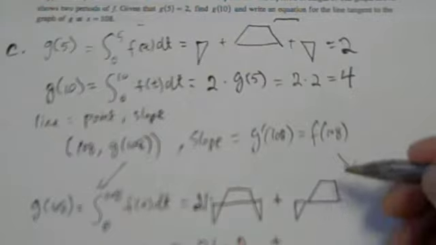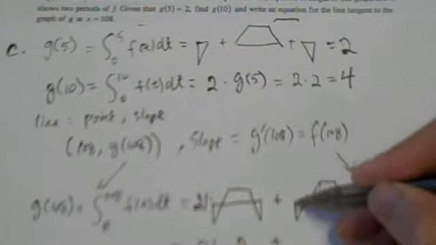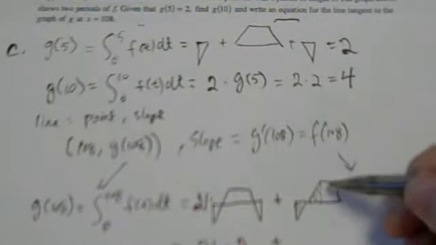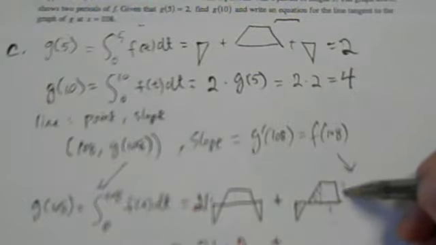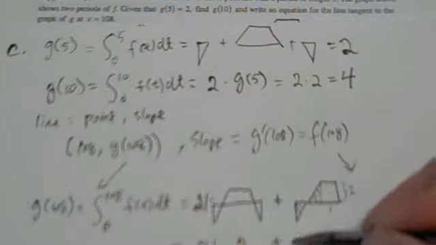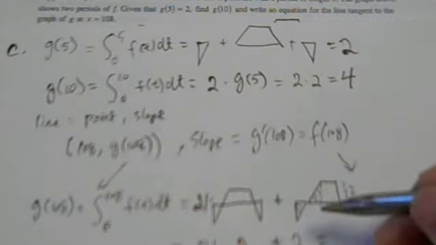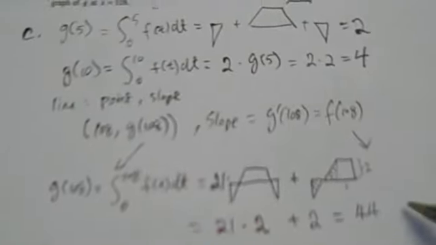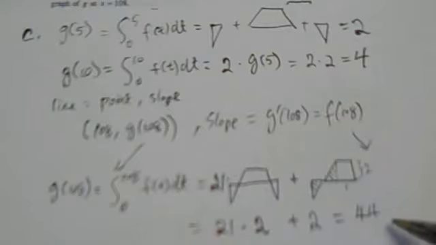And this portion, notice, from here to here, they cancel out. And this one is 1 right here, this one is 2 right here. 1 times 2 is 2. So we get 42 plus 2, which gives us 44. So that gives us g of 108, which is 44.